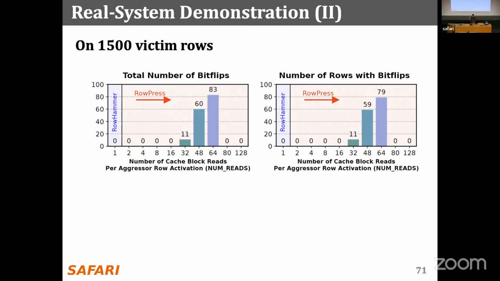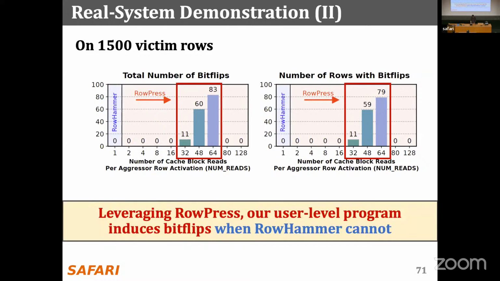The reason for this could be that if your row is open for too long, then you probably don't have enough activation counts to induce the Bitflips. Similarly to the total number of Bitflips, on the right we plot the number of rows that contain Bitflips. It also increases significantly as we increase the amount of time that the row is open.